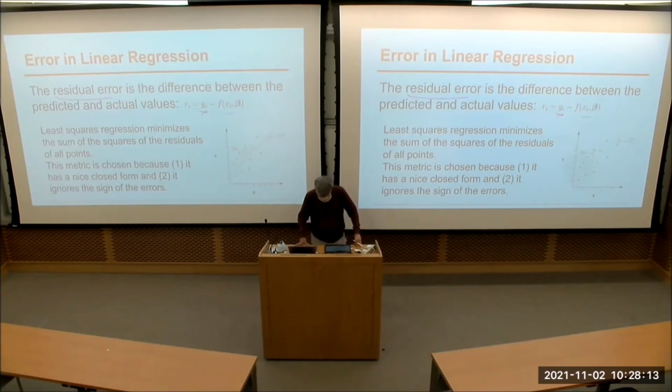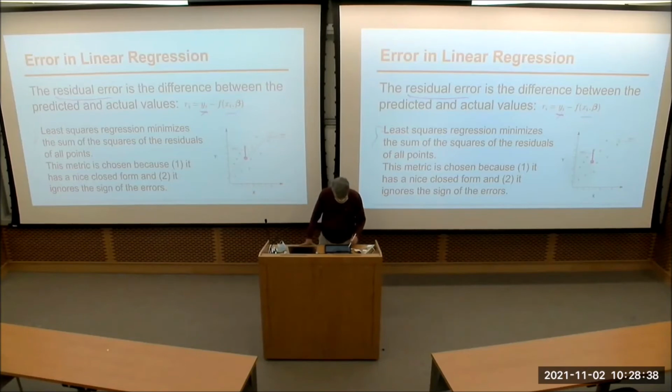So if we have a particular fitted line, with x and y, the residual is the difference between the prediction and the reality: the difference between the prediction, which is the point on our line, and the actual point.